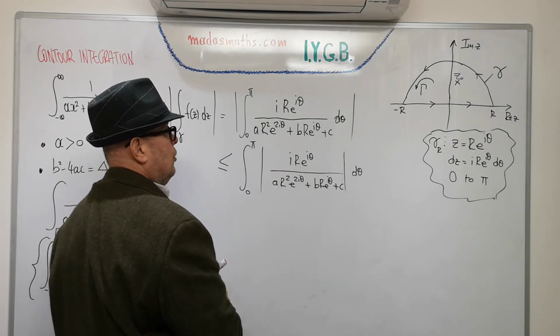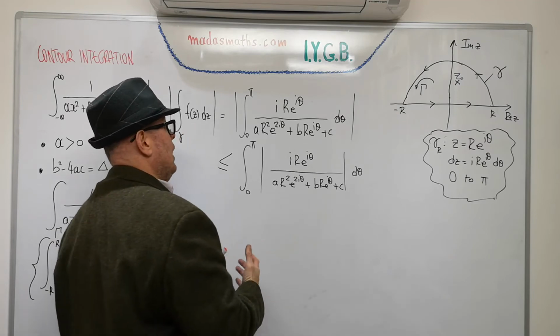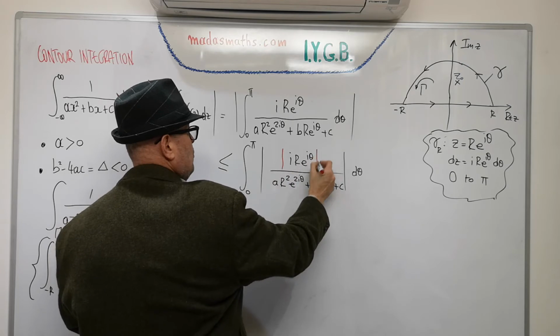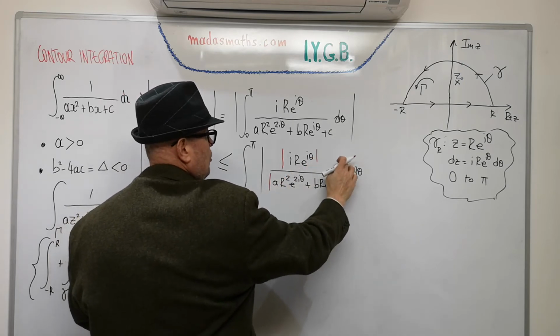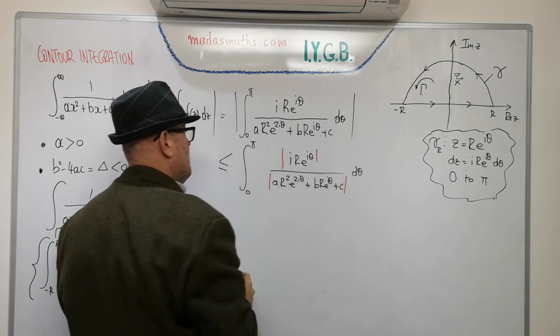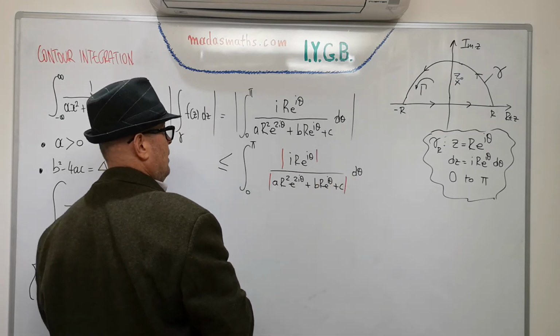After that, rules of moduli: for the modulus of a fraction, we can move the mods individually to the top and to the bottom. I'm not rewriting that, I'm just putting the moduli signs in the appropriate places.